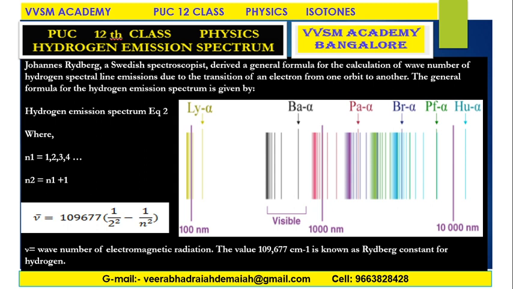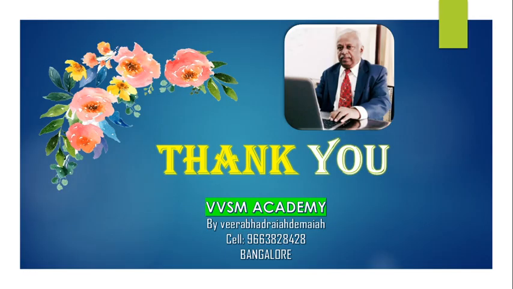The general formula is nu is equal to 109677 multiplied by 1 by 2 square minus 1 by n square, where R is the Rydberg constant. This is the spectrum of the Lyman, Balmer, Paschen and Brackett series respectively, my dear friends.